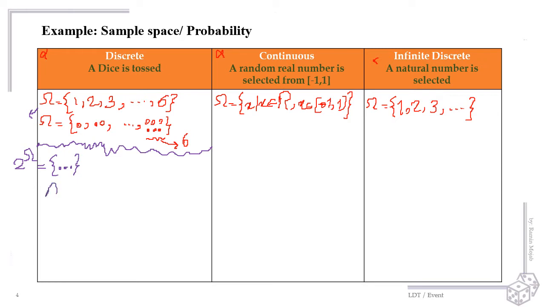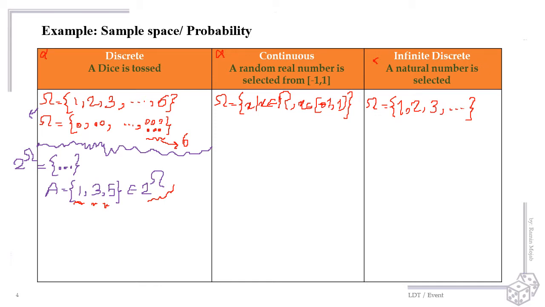We know that A, for example, {1, 3, 5} is a member of this power set. All members of the power set in the discrete case are events. This is an event in which 1 or 3 or 5 is obtained when we toss a dice.